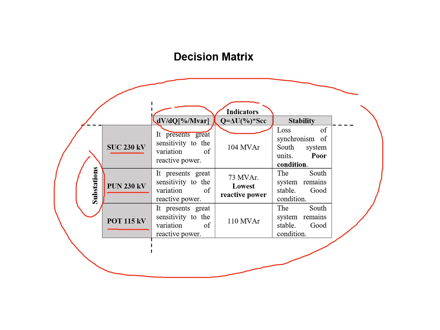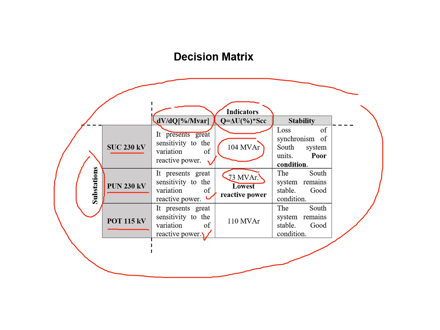The indicators in each substation, in this analysis case, show a good sensitivity in these three substations. The computed capacity of the STATCOM results in this way: 104 MVA in Sucre 230 kilovolts, and 73 MVA in Punutuma 230 kilovolts.